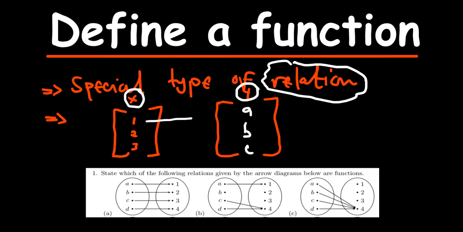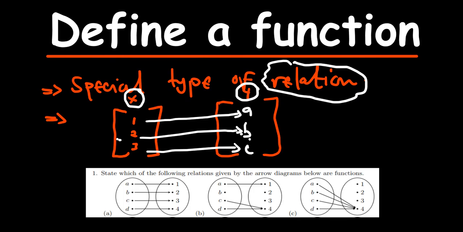We can have this one going to the A, these two going to the B, these three going to the C. So we see that a relation is just a rule that associates elements of two different sets there.